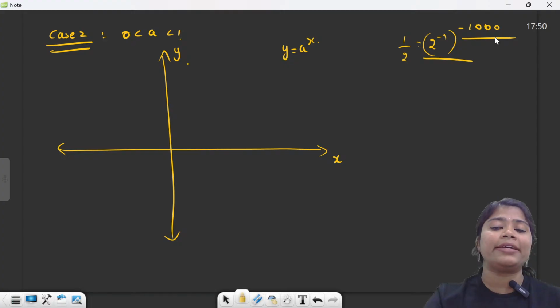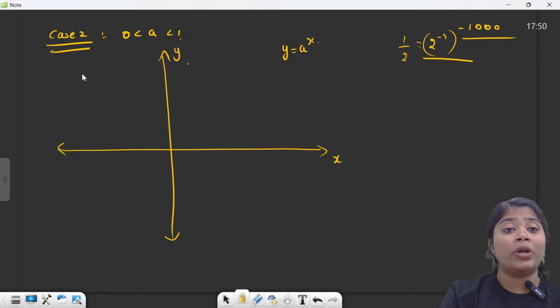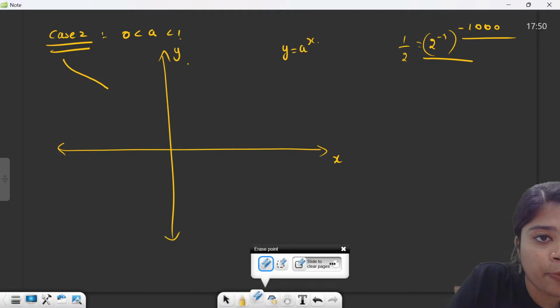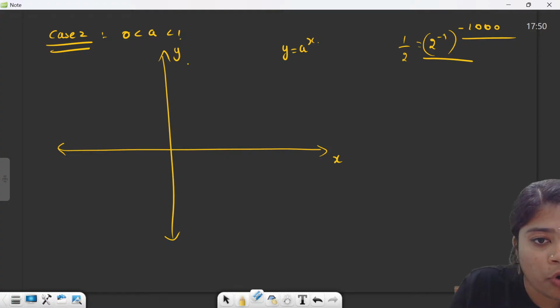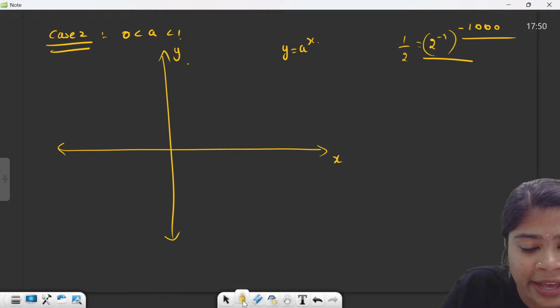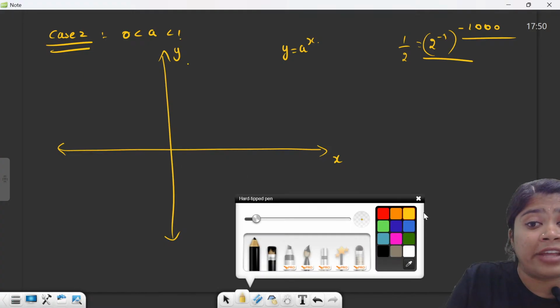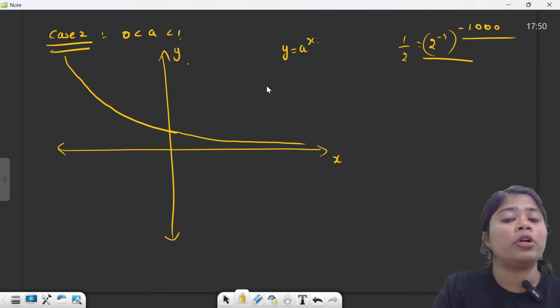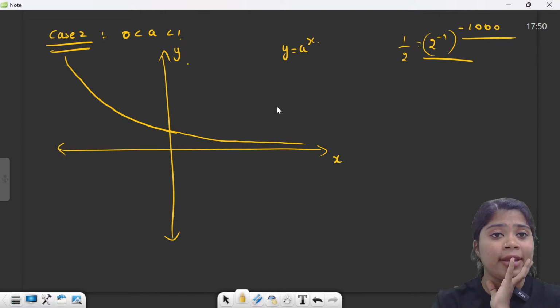For negative 1000, you are getting a very big value. So the graph you are supposed to draw like this. For negative x values, we are getting very big values, like this. So this is the y is equal to a power x graph when a is between 0 and 1.